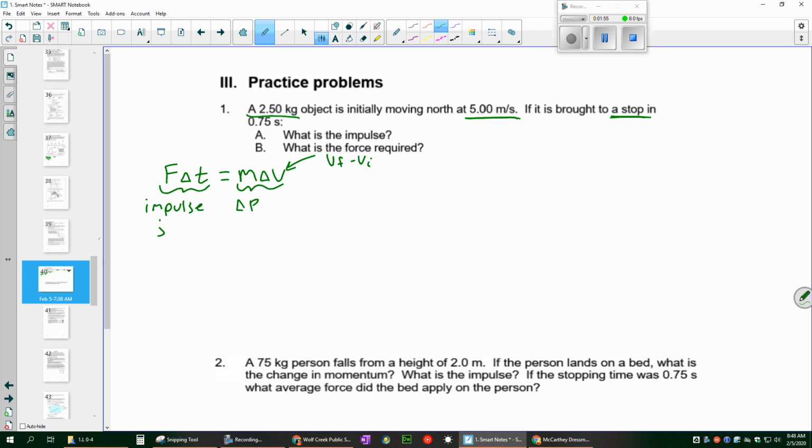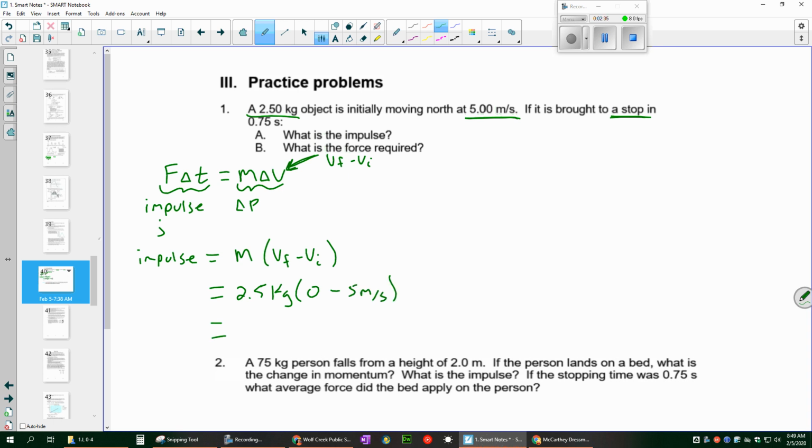So let's write this out. Impulse, or J, is equal to mass times VF minus VI. That was just mass times velocity from the first one. Then this will be 2.5 kilograms times VF, which was 0, minus 5 meters per second.